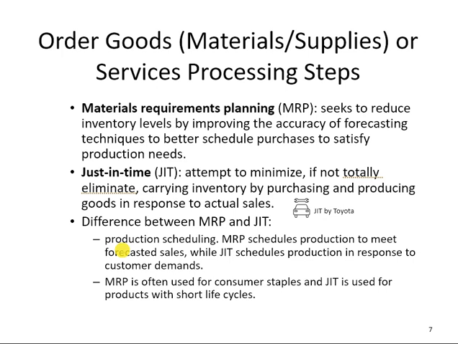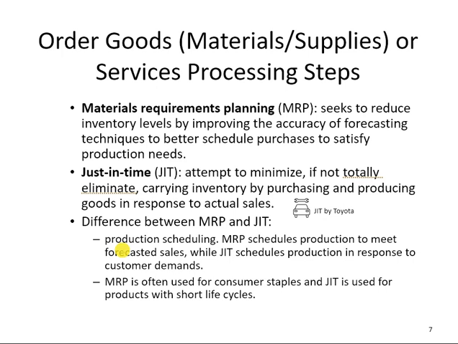They're used for different products. MRP is often used for consumer staples, while JIT is often used for products with short life cycles. For example, seasonal toys, or seasonal decoration stuff for Christmas, holiday stuff.